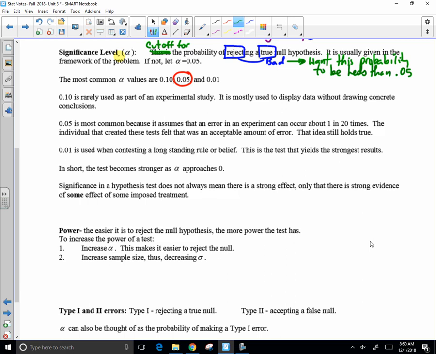So if I tell you that I am 99% confident that you're going to get an A on the next test, you're like, wow, that's great. If I say I'm 95% confident you're going to get an A on the next test, you're like, okay, that's good. 1 out of 5%.